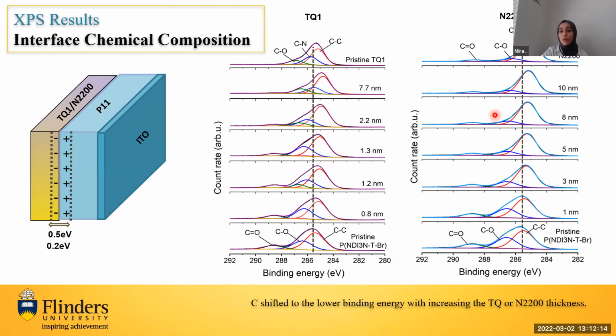The same observation was found for N2200. The carbon peak also shifts to lower binding energy, but that happened only by increasing the thickness too much of N2200 on top of P11. So this is a minor shift for N2200, but it was a very obvious shift for the carbon-carbon peak of the TQ1 layer after depositing it on P11.